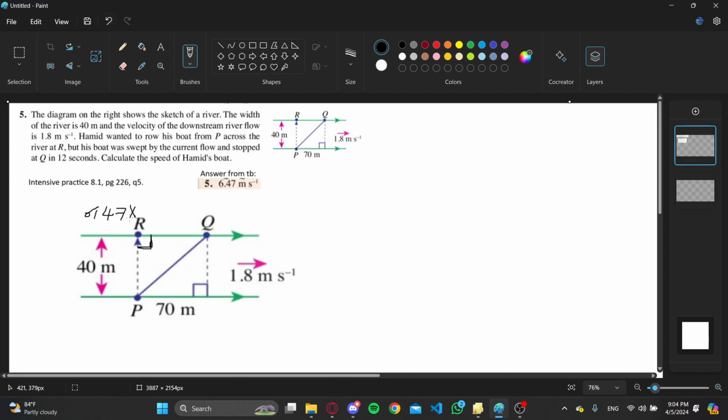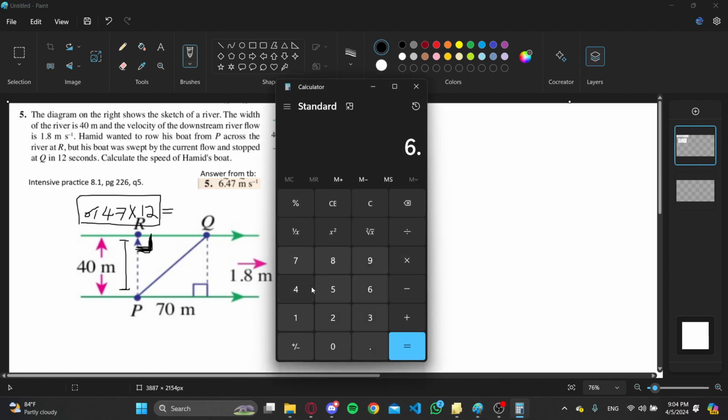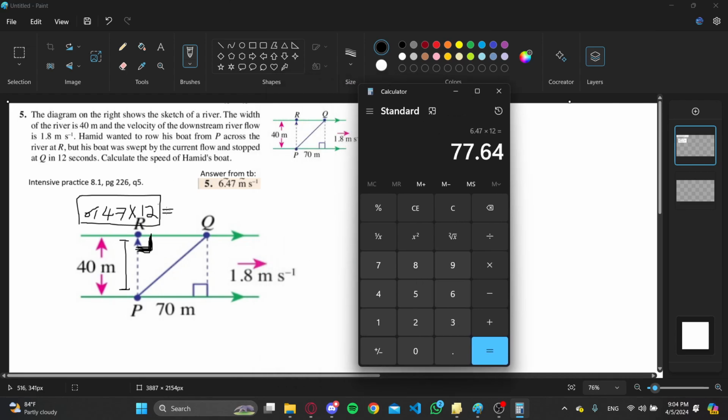So this distance that he travels, according to other people's assumption that this is 90 degrees, would be 6.47 meters times 12, which is 6.47 times 12 is 77.64.